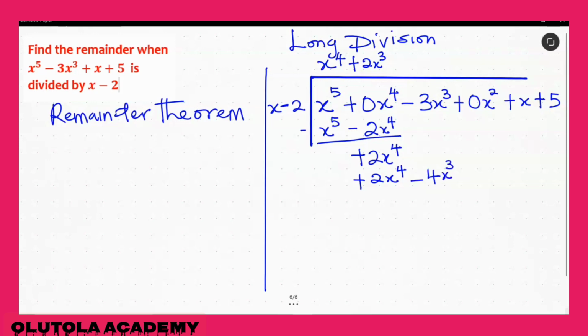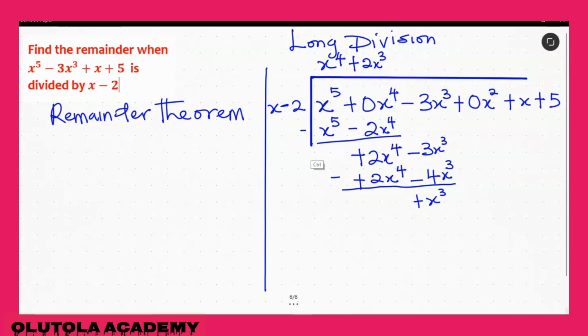And I'll have to drop minus 3x raised to power 3. So I drop that, and I will subtract. When I subtract, this will give us plus 1x raised to power 3.